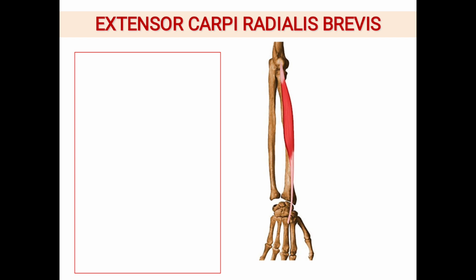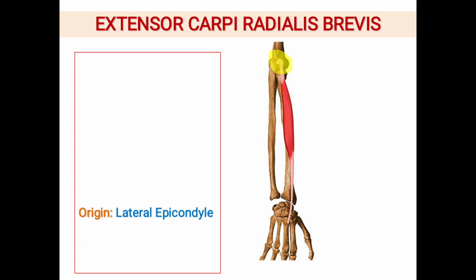You have your extensor carpi radialis brevis. Now, the common origin of your extensors in the forearm is the lateral epicondyle. In contrast, the common origin of your flexors of the forearm is the medial epicondyle. The extensors, lateral epicondyle.